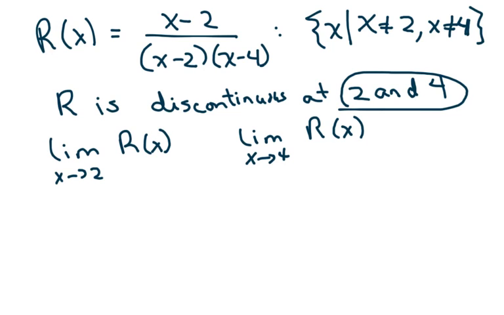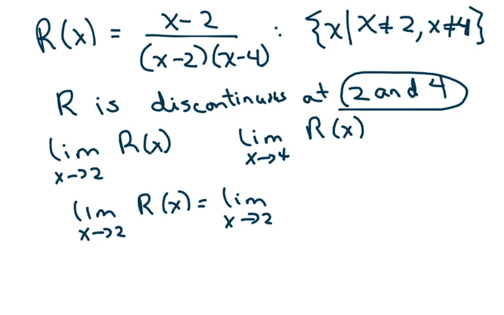For the limit as x approaches 2 of R of x, we cross these two out and we get 1 over x minus 4. You plug in the 2, and you get negative 1/2.